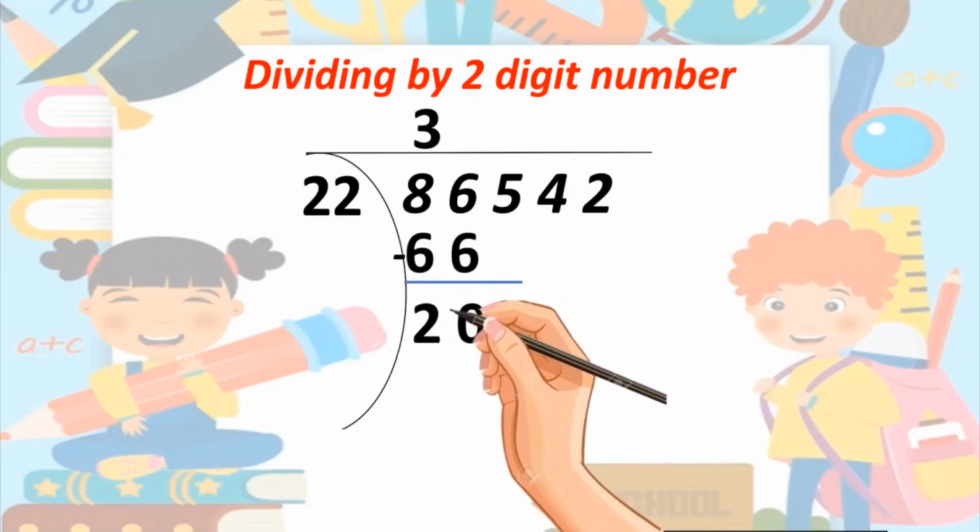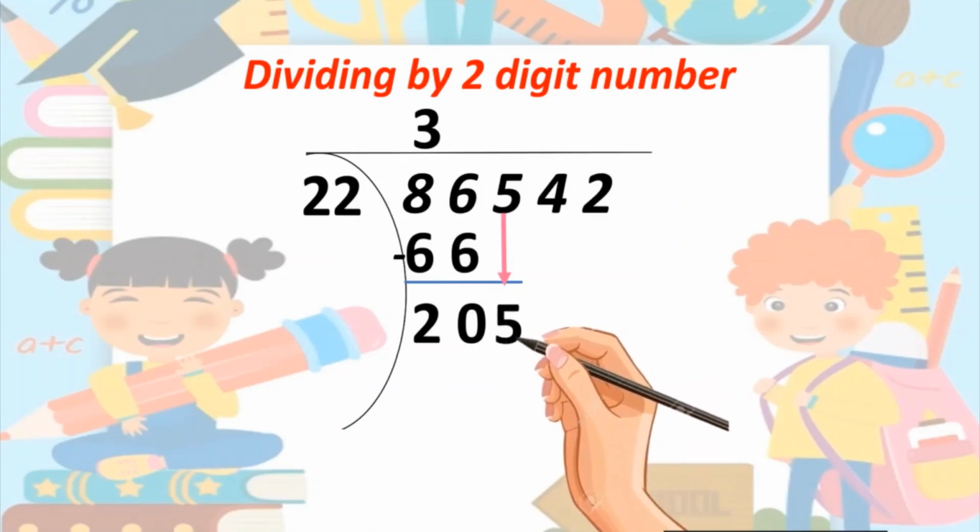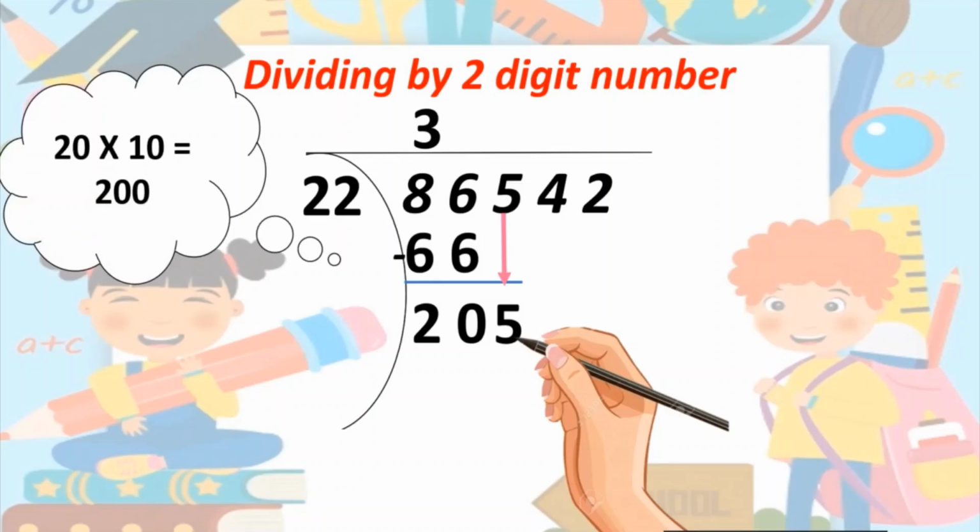Now we bring down the next digit, that is 5, and we write it as 205. Now here again 20 multiplied by 10 is 200, which is less than 205.